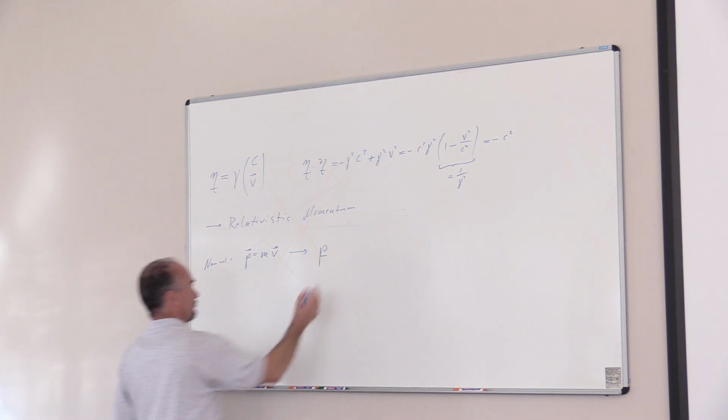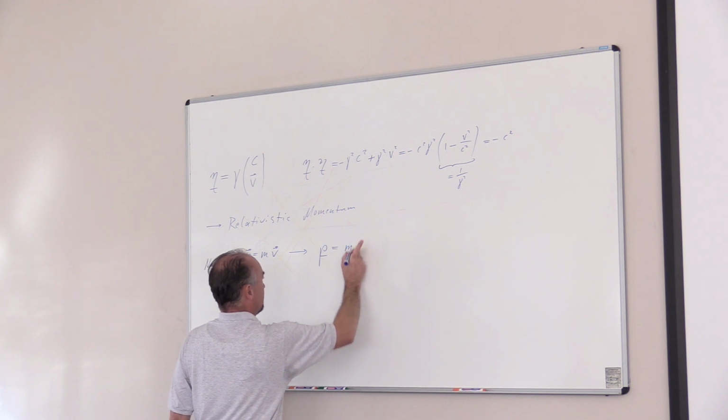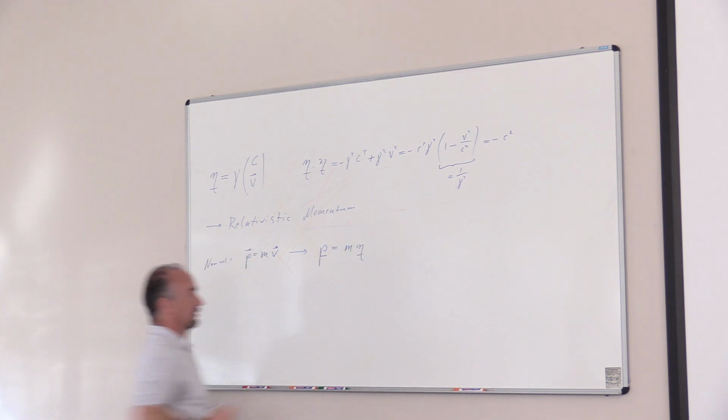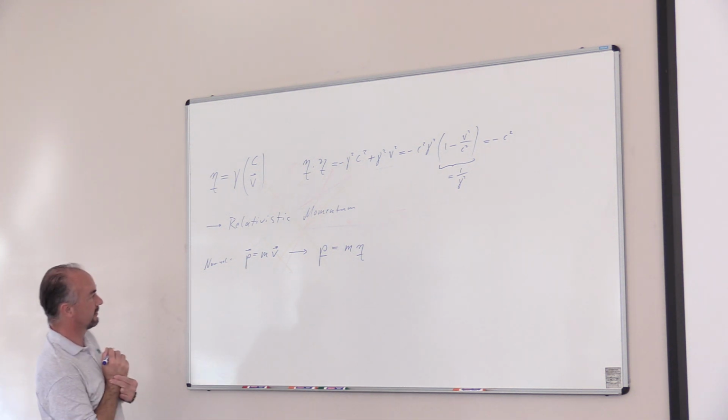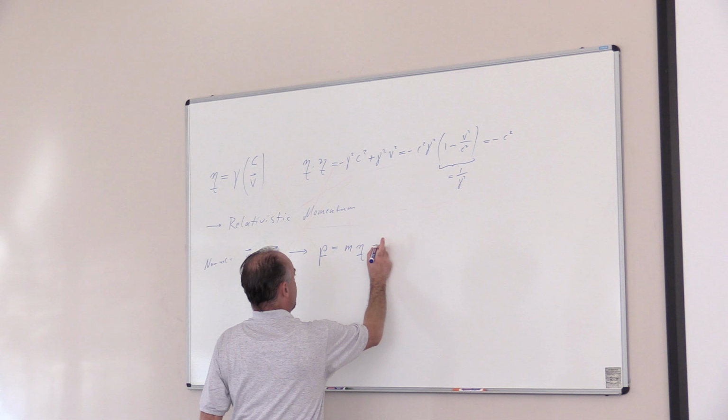So that means we can try simply defining a four-momentum as m times eta. That would be the natural generalization of this. So what is that?